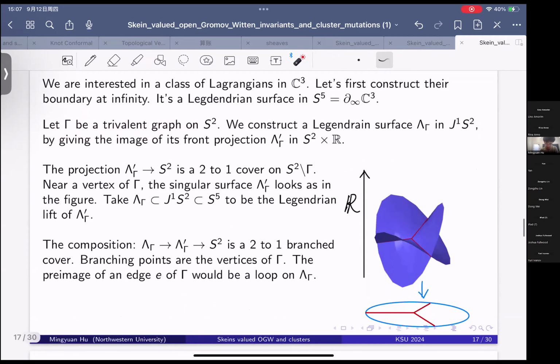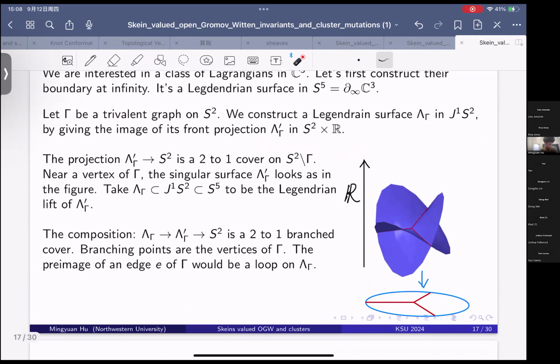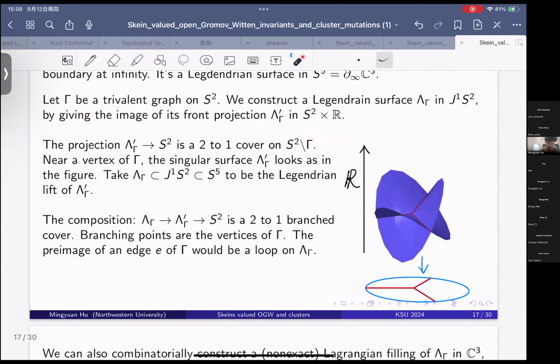From contact topology, we know that if we have a singular surface inside S2 times R, then we recover a Lagrangian surface inside the first jet bundle of S2. So this singular surface looks like this. Generically, over S2 minus gamma it's a 2-to-1 cover, and near a vertex of gamma, it looks like this picture.